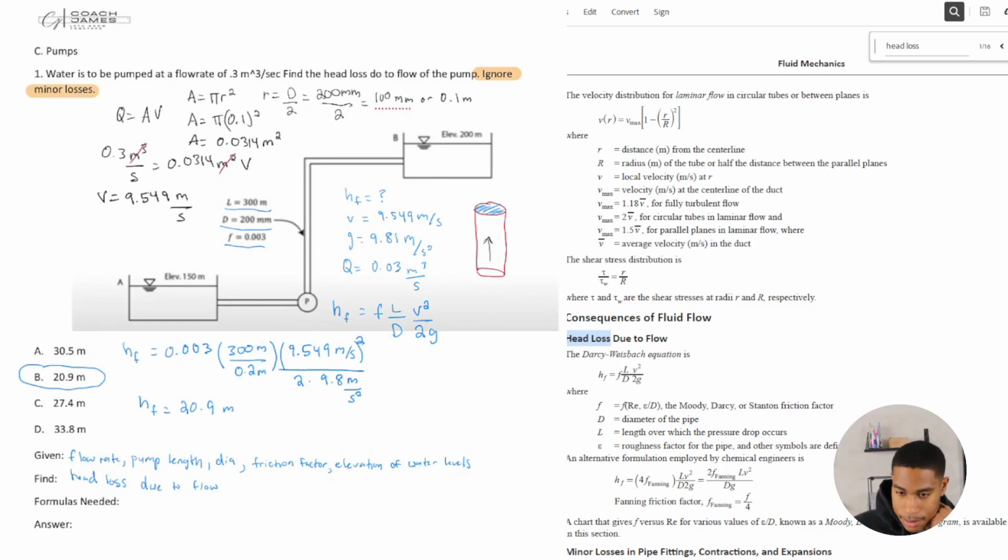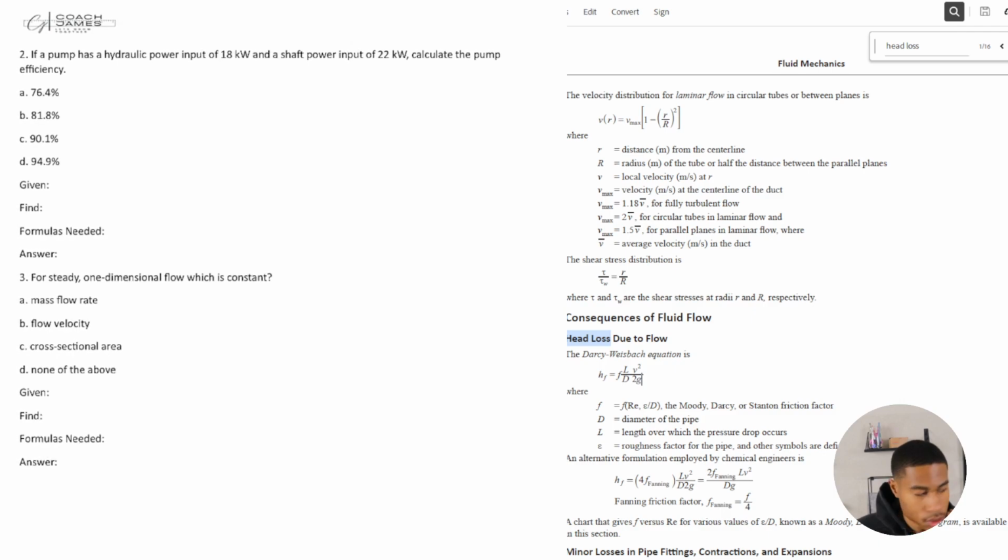Most of the time you're going to need V, or they could ask you a few different ways. Maybe they make you solve for the length of the pipe and they give you all the other details. But being able to substitute for variables and take the information that they give you is very crucial. All right, let's look at number 2.